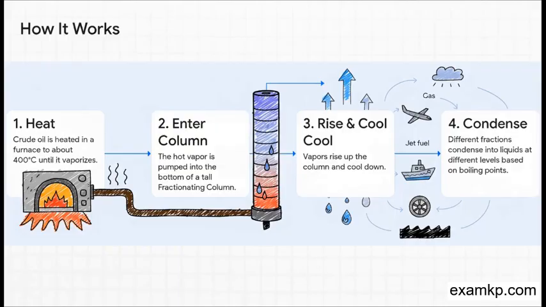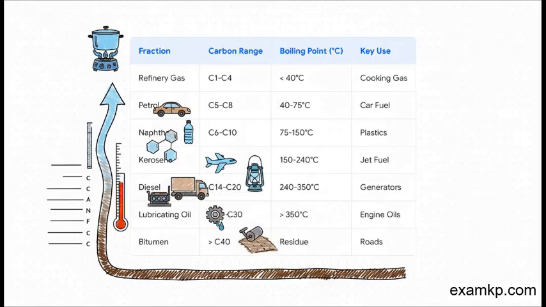Simple, right? And boom, this table shows you exactly what we get. These are the main fractions collected at different levels. Right at the cool top, we get refinery gas. That's your cooking gas at home. Come down a bit, and there it is, petrol for our cars. A little lower, we get naphtha, which is super important for making plastics.